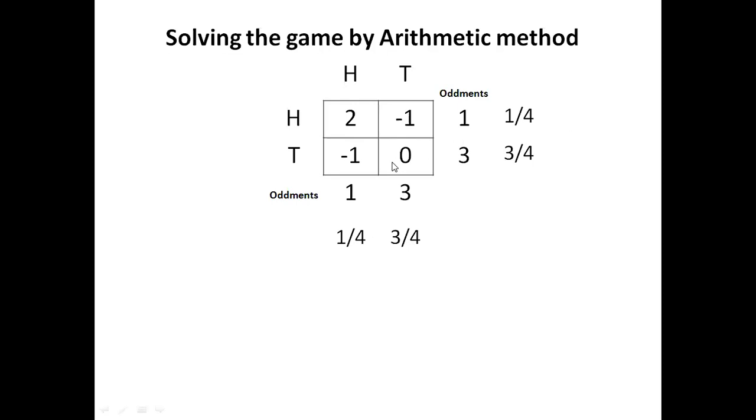And similarly, suppose the player P1 is playing with the pure strategy T, second strategy, and the player P2 is playing with both the strategies, then the outcome is minus 1 into 1 by 4 plus 0 into 3 by 4. This is what I have written in the next slide.